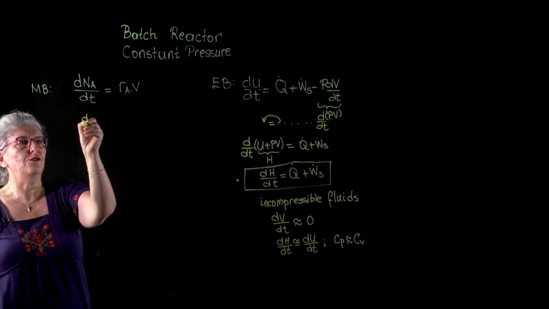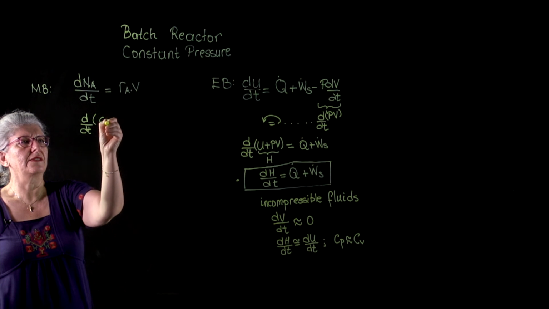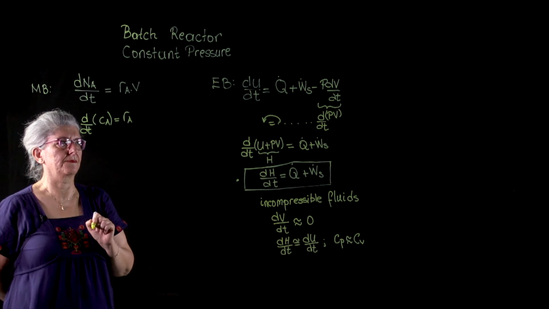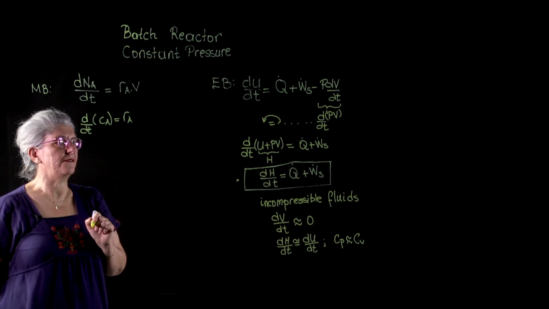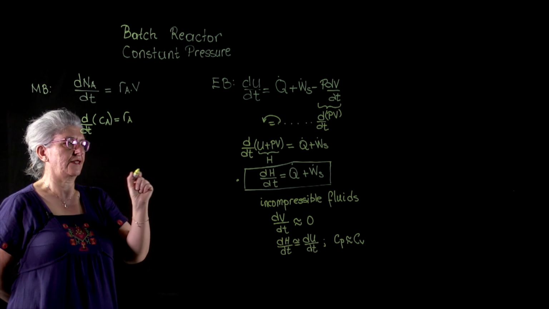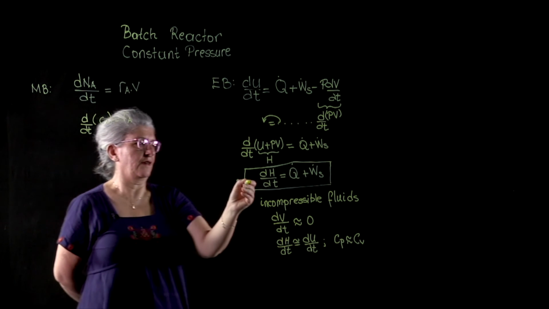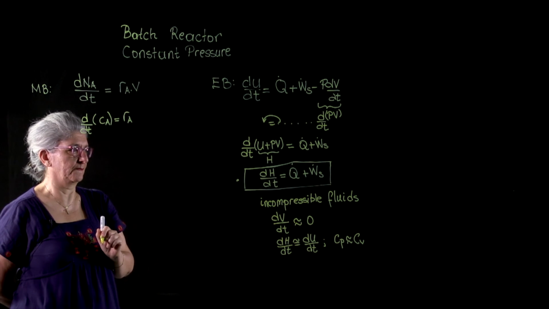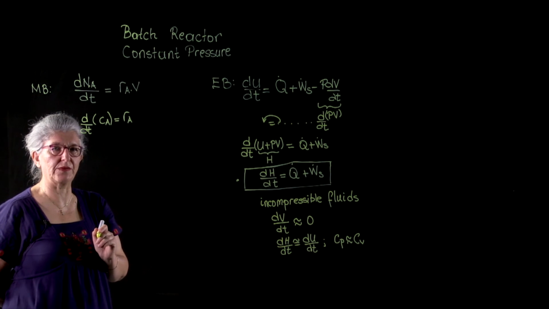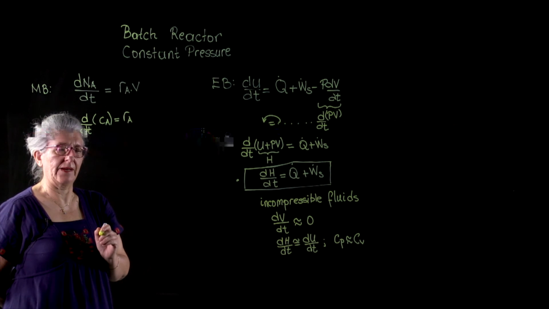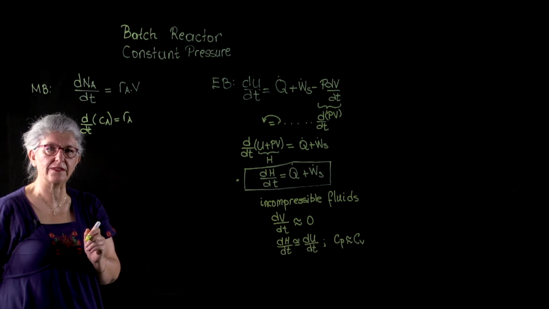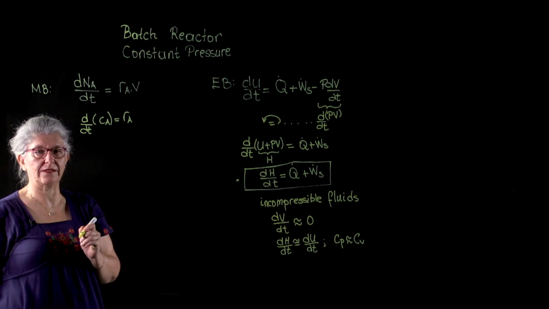As a result, we have d over dt of Ca equal to R sub A. Now I'm going to derive the expression for the dH over dt, just like we have done for dU over dt. And using that expression, we will discuss the instabilities that we can encounter, the multiple steady states that we can encounter in a chemical reactor.